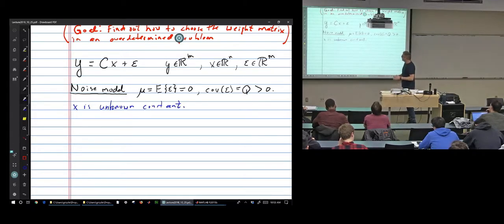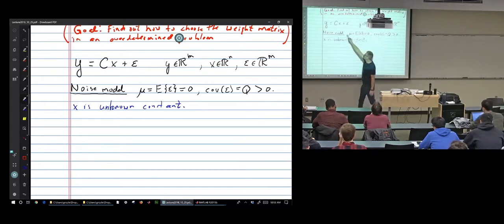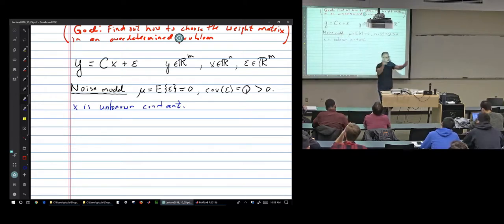A little bit farther down the road, we will do another version of this problem where we have a noise model and a stochastic model for X as well. So we're just taking little steps before we get there. So X is just an unknown constant. The noise model is related to the sensor noise?